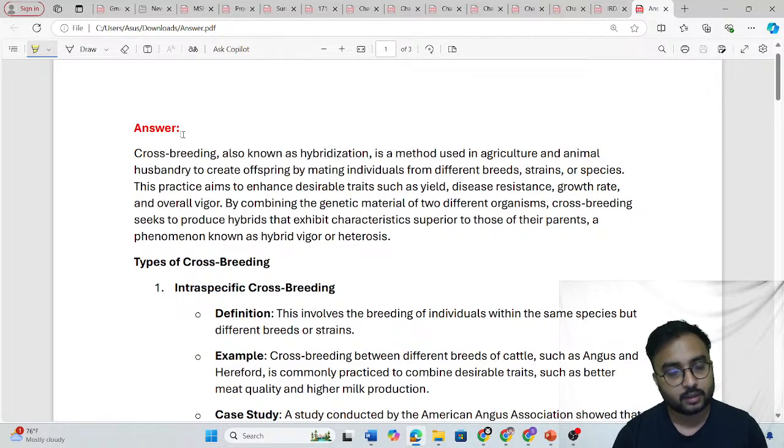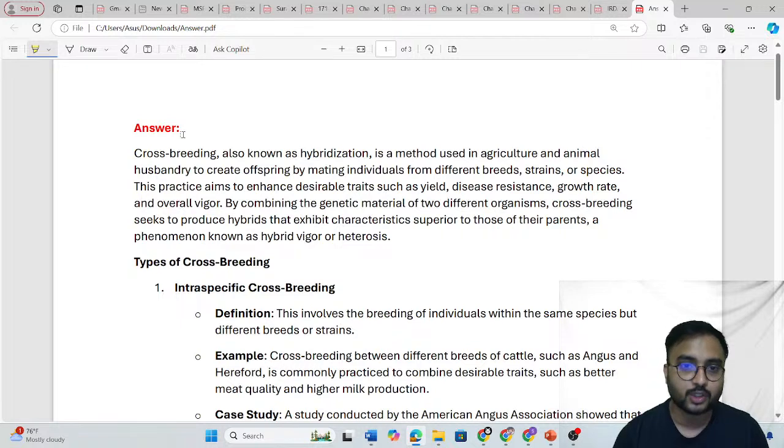The most important keyword or theme was crossbreeding, related to its types, advantages and disadvantages. The directives were simple and straightforward, like state and what. Let us break the question down further.